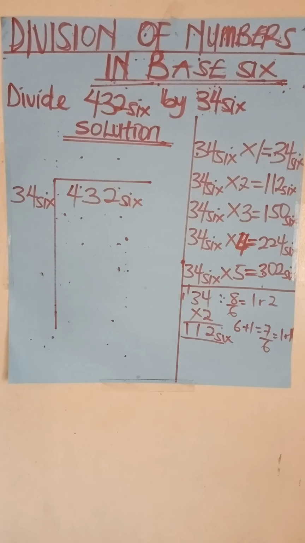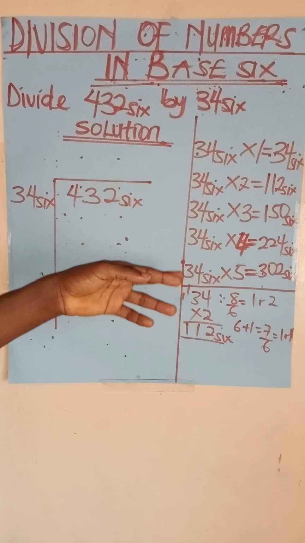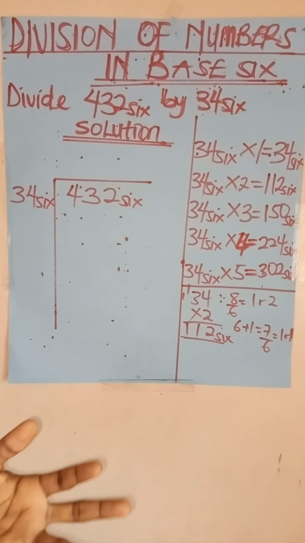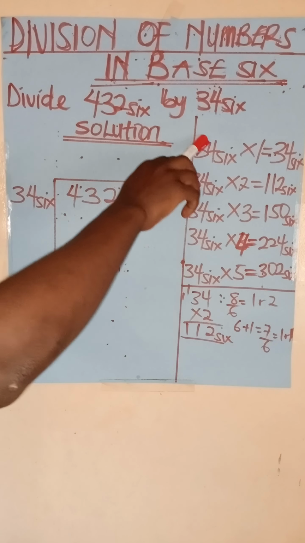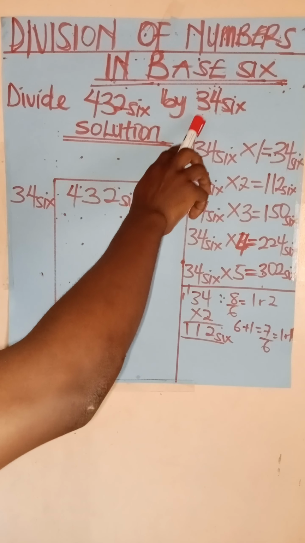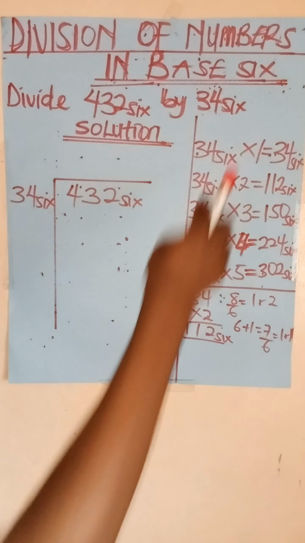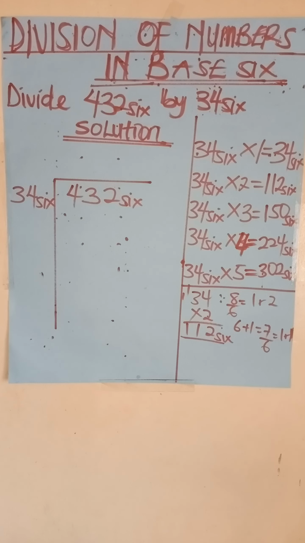And what of the numbers within base 10? They are what? 0, 1, 2, 3, 4, 5, 6, 7, 8, 9. Okay, now what of numbers within base 3? That will be what? 0, 1, 2. And what of numbers within base 2? That's what? 0 and 1. But in multiplication, I'm not going to say 34 base 6 multiplied by 0 because it will automatically give me 0, which will not be useful and it will be meaningless.